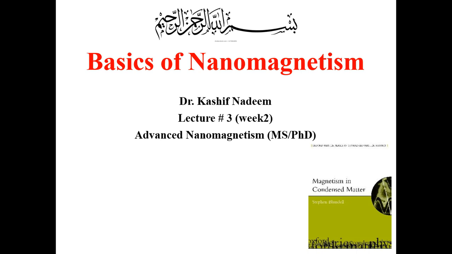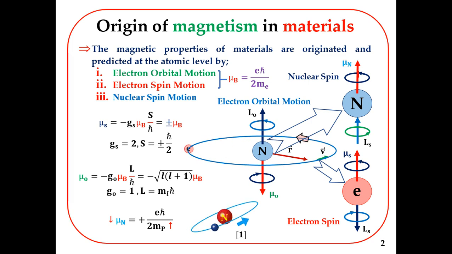In this lecture we will discuss the basics of nanomagnetism and we'll proceed further. The origin of magnetism, as we already did some work in early lectures, is due to the spin and orbital motion of the electron, and the most dominant is the spin motion of the electron.